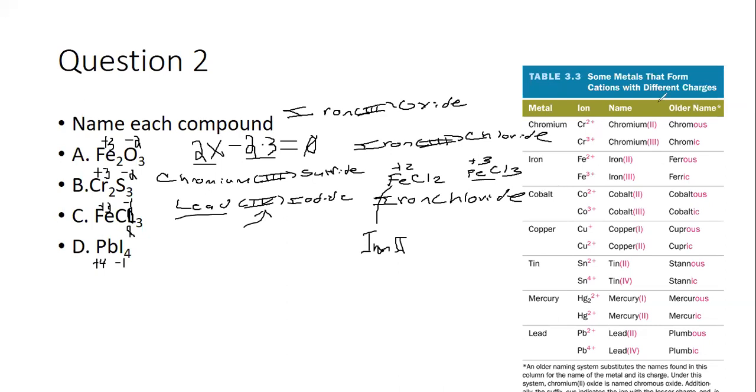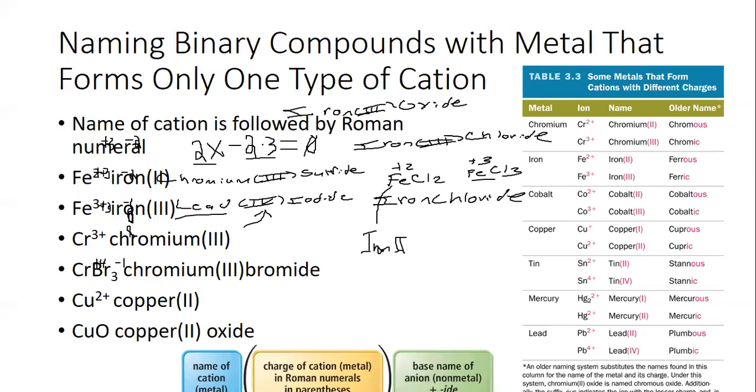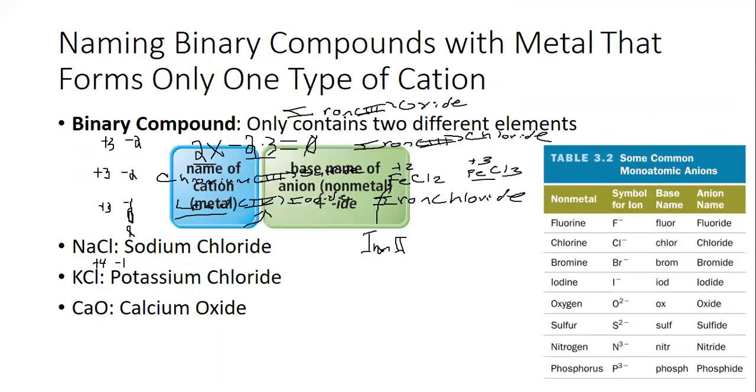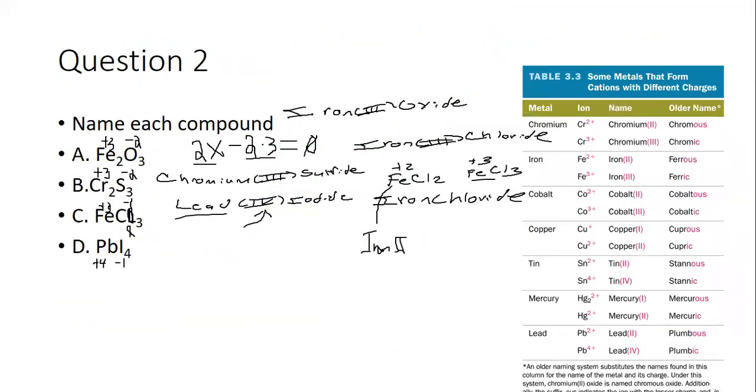That's why I keep saying, make sure you know that group 1 always has a +1. Group 2 always has a +2. Scandium has a +3. Aluminum, zinc, silver, 3, 2, 1. If it's not one of those metals, you have to figure out the charge. I will not be providing a table like this.